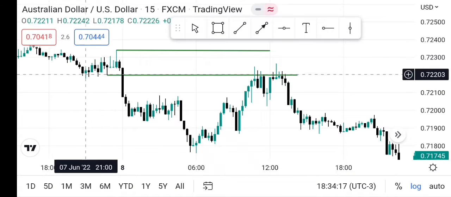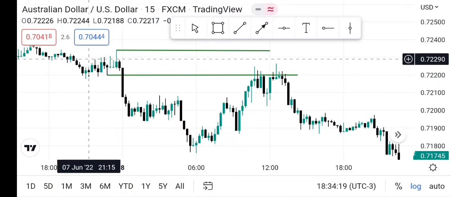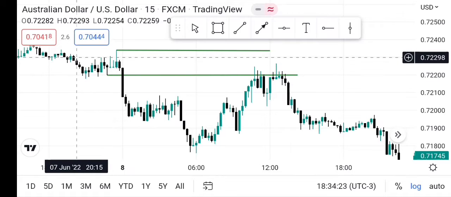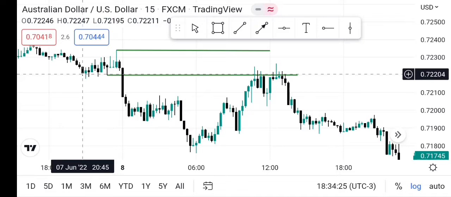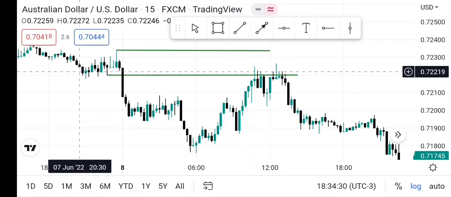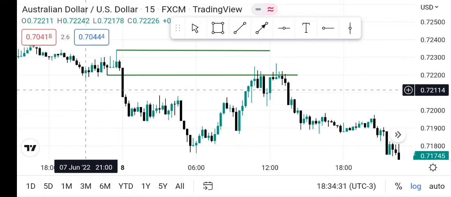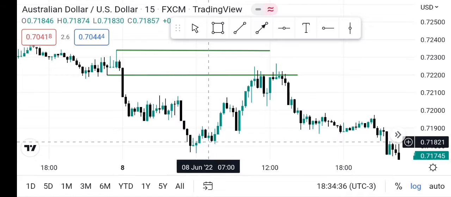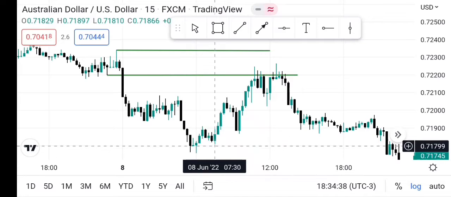Now, in case you're still finding it difficult to understand what a support and resistance is, support, I said, is where on the chart it shows a tendency to stop falling. This is a support. Whenever you see the markets trending down and there's a struggle, that's a support.